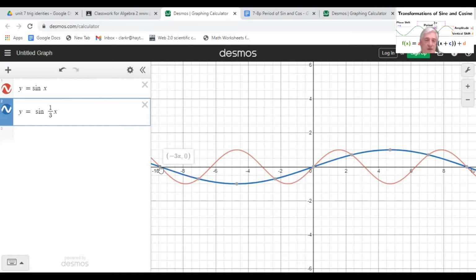It goes from minus 3 pi to 0, one up hump. We get 3 pi to minus 3 pi. We get 6 pi. That is, our period is 360 divided by 1/3. You invert and multiply. So our new period is 360 times 3.